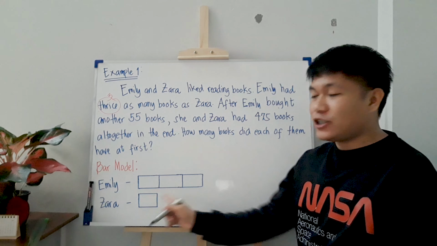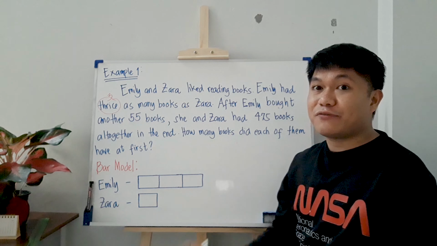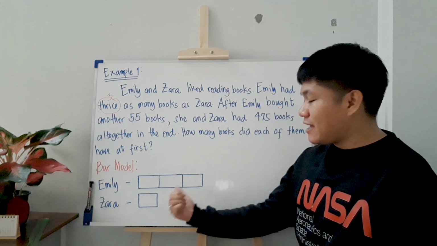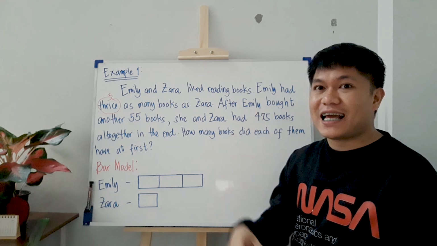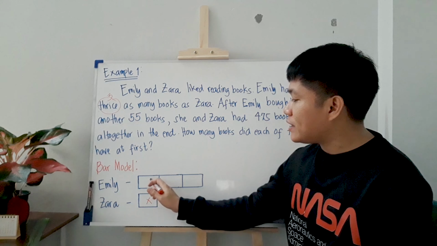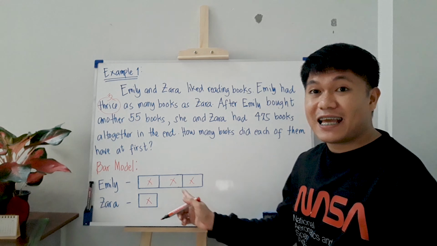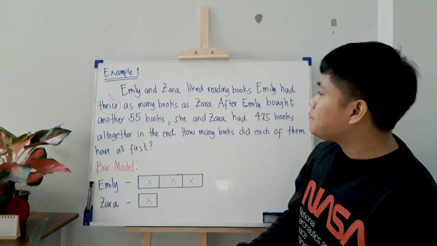As you can see here, there are already 3 units for Emily and 1 unit for Zara. To make it easy to understand this bar model, we are going to choose variable x to represent 1 unit of the bar model. So as you can see here, there are 3 x's for Emily and 1 x for Zara.